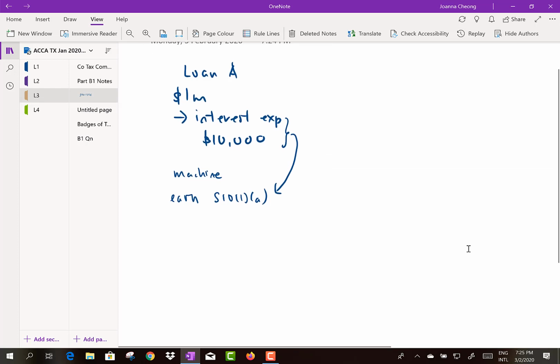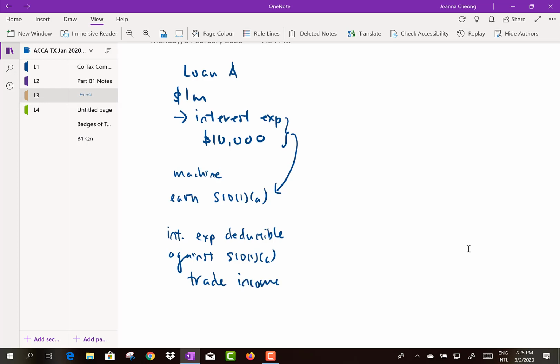Okay? So let me write down this interest expense. All right, will be deductible against your section 10(1)(a) trade income. Right.